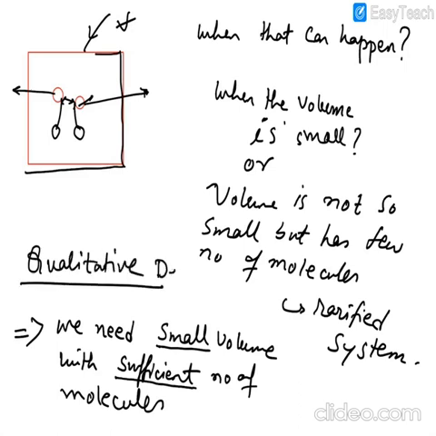So we need to come up with a quantitative way to appreciate through some parameter or some combination that will involve these two things, so that we can make sure that the volume or the number of molecules is sufficient to measure the density and there will not be any error. Now we will try to go from qualitative description to quantitative description.